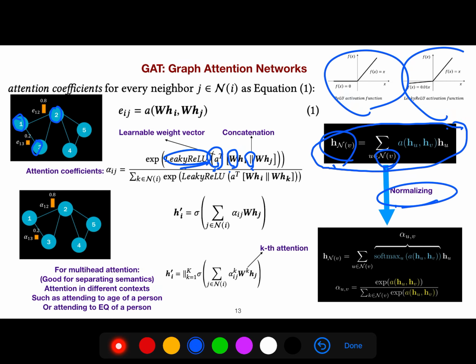And here we call it K-head attention, because you could have a multi-headed attention just for scalability, and also for semantic meanings. For example, you attend to the age of a person. That is one head. Another head is the EQ of a person. This is another head.